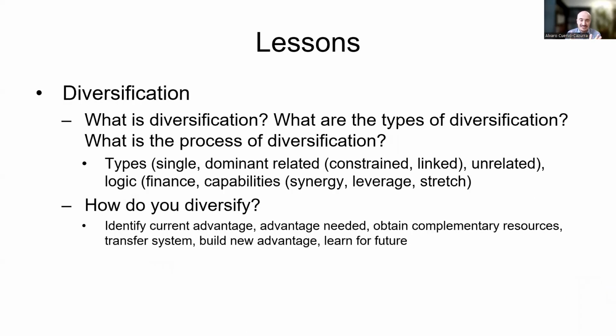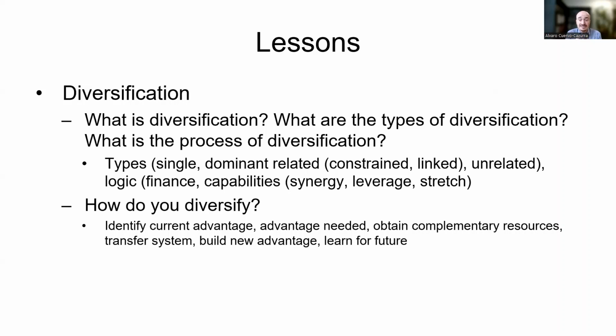Some lessons: diversification, operating in different industries, and different types of diversification. From yes, I have a single business, to dominant, to related and unrelated, and all of this is a different criteria. It's not just the level of revenues, but also how they are connected to each other.